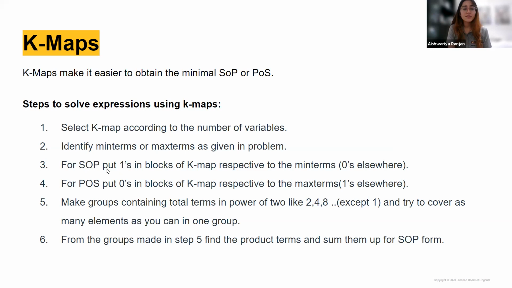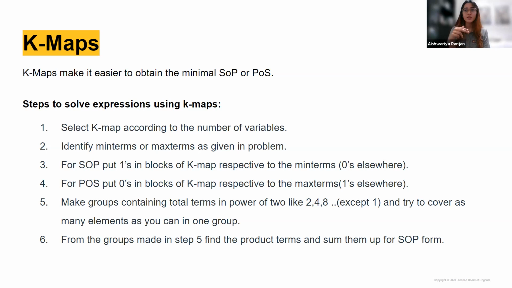For the SOPs, yeah, we just put ones in the blocks of the Kmap. And for POS, we put zeros. And we make groups. We circle those ones or zeros, and we try to make the largest circle which contains a number of ones or zeros that is a power of 2.